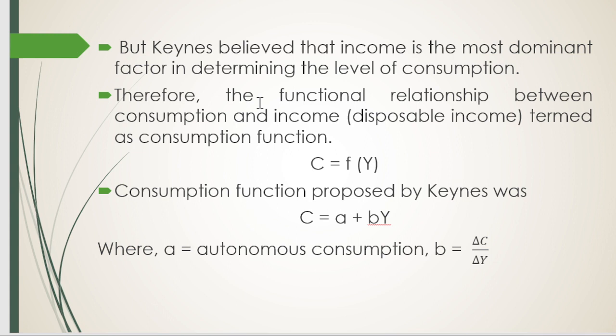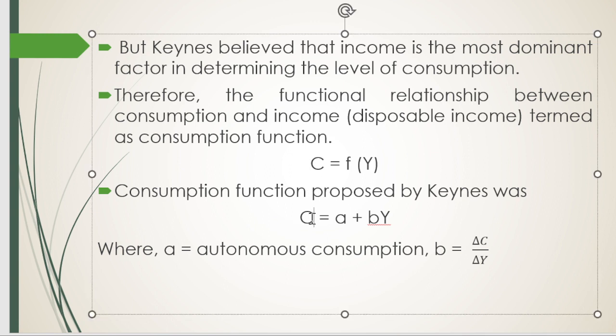So current consumption is a function of current real absolute disposable income. On that basis, the consumption function proposed by Keynes was C equal to a plus bY, that is, consumption expenditure is equal to a plus bY.